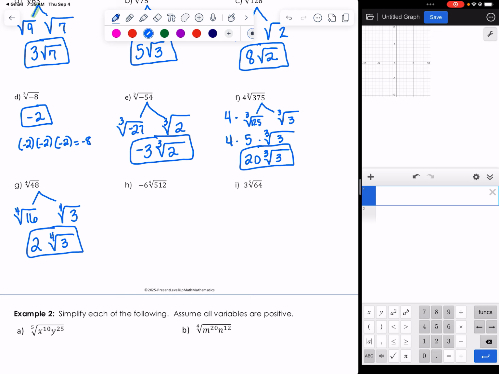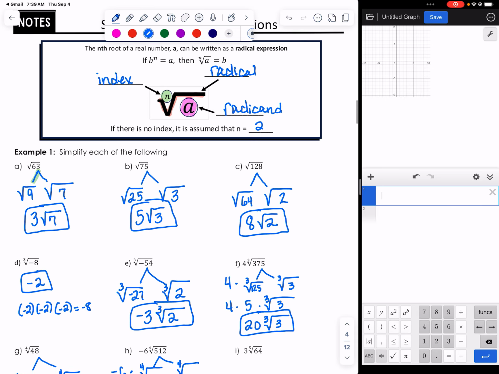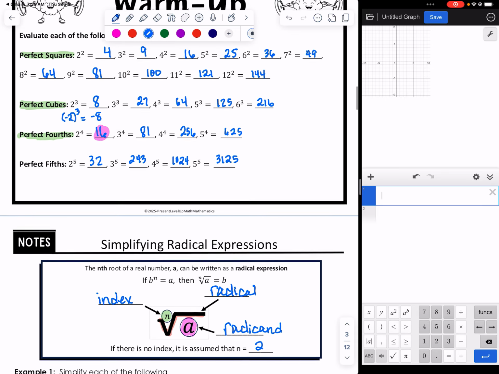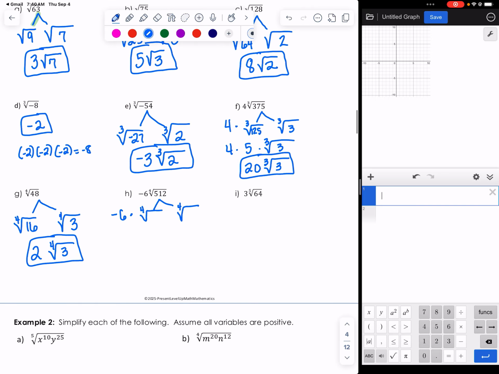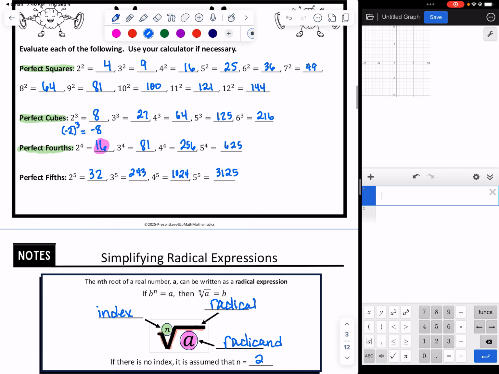All right, problem H. Negative 6 times the fourth root of 512. So I have negative 6 times, and then I'll break this apart into 2 fourth roots. So I want to go to my list, and I need something that will go into 512. So I'm going to use 256.